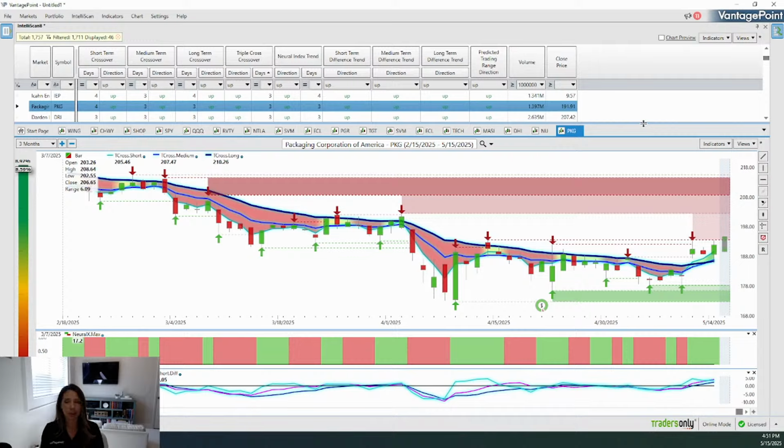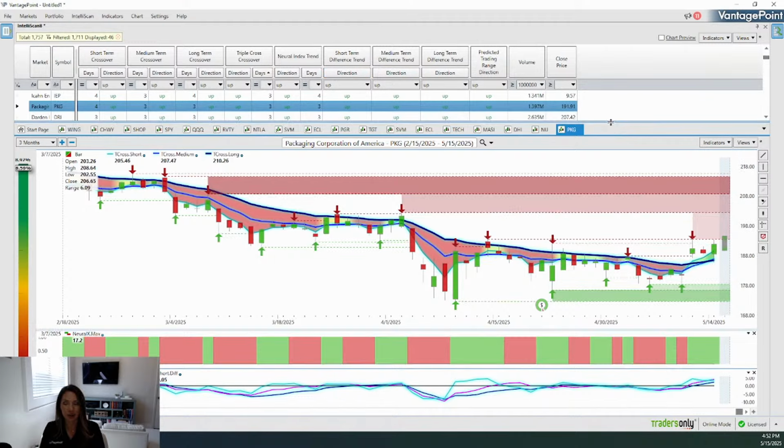If it's a swing style of trading, position style of trading, shorter term, use the artificial intelligence to help you navigate through not only the entry, but the position management, and then also the exit as well. So scanning is really just the start of where VantagePoint can really make a huge impact in your trading. And it's just so incredibly powerful.